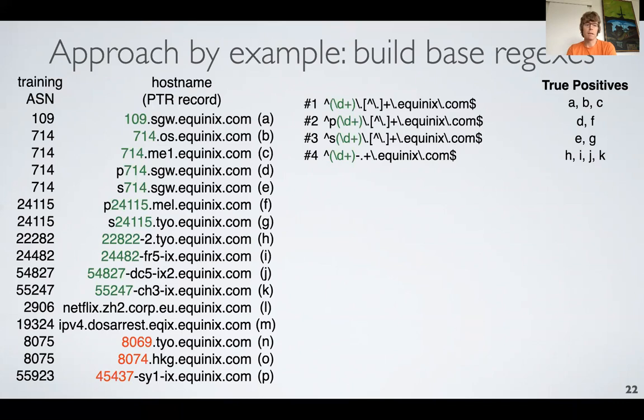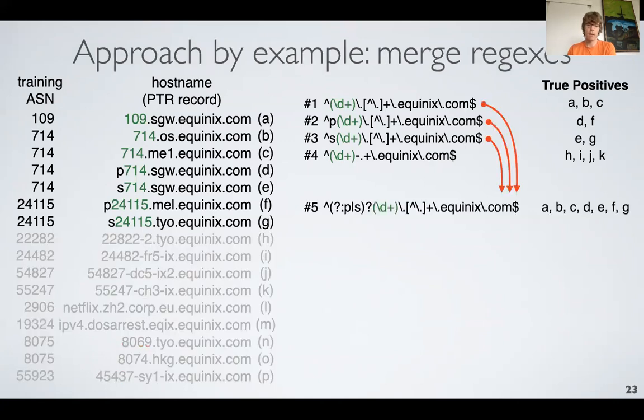This is true except for the portion that includes an ASN, where we also include any literal characters that are not punctuation characters adjacent to the ASN, as in regular expressions 2 and 3, which we build through examining hostnames D, E, F, and G. The second phase is to merge regular expressions that differ by a single simple string.